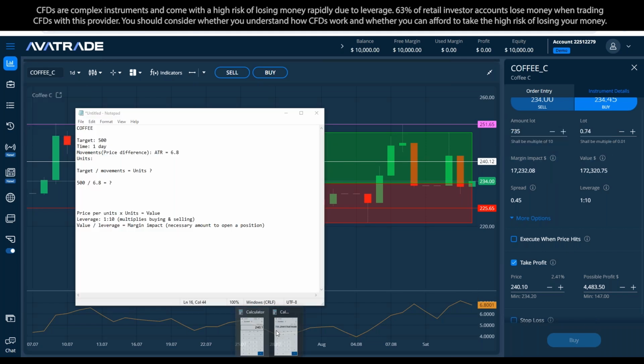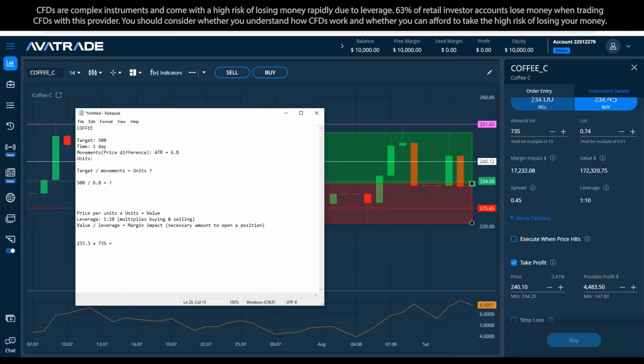Now, let's go by the equation that I wrote down and understand what's happening here. So price per unit is 233.3. Don't worry, we are going back to that, but we want to know if we can open the position. 233 is the price per unit, times units 735. Also, it tells us that the increments should be in 10, and this is why 735 is not even valid.